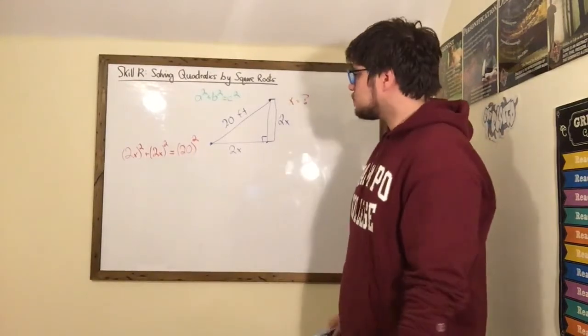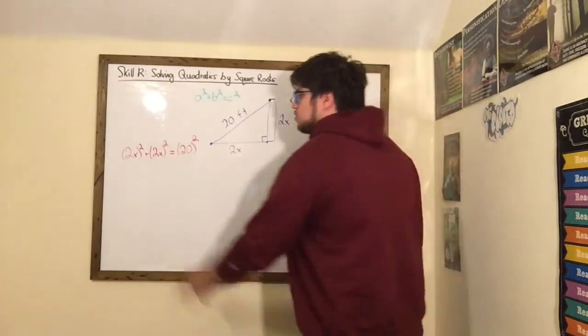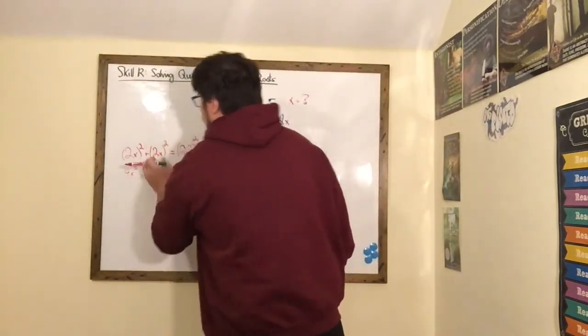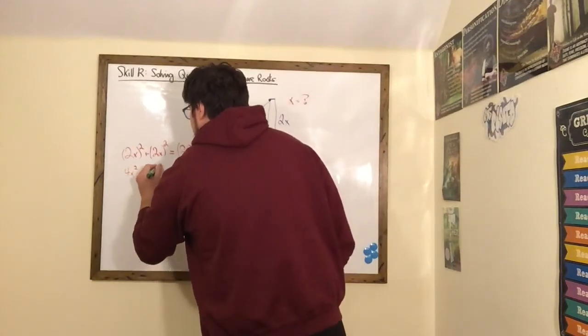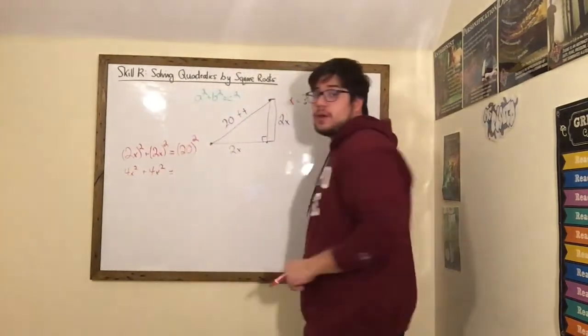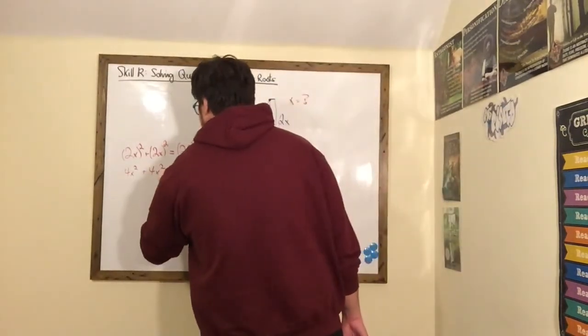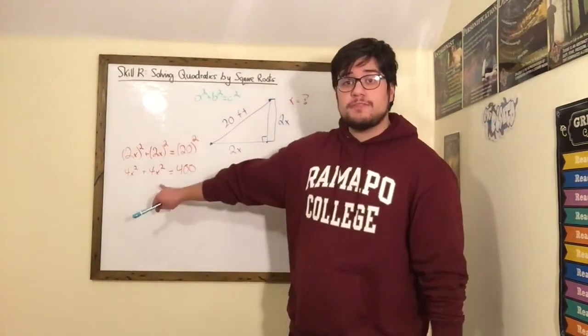Okay? Now, I'm going to square all these and then solve for x. So 2x squared is 4x squared. The quantity 2x squared is also 4x squared. And then 20 squared is just 20 times 20, which is 400. Right? Now, again, I want to solve for x.